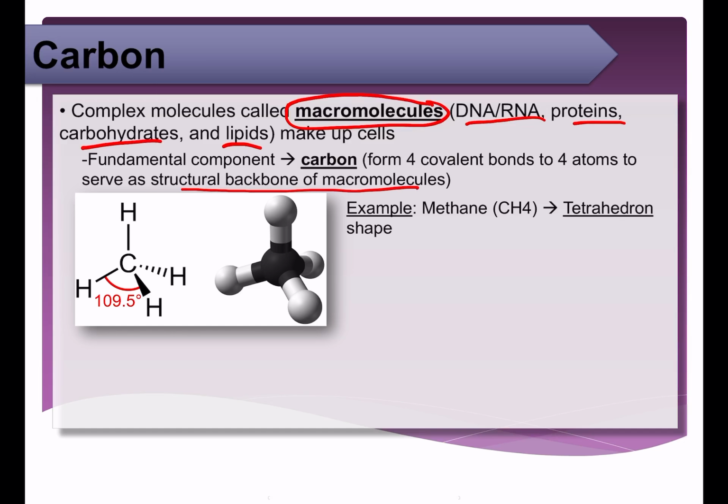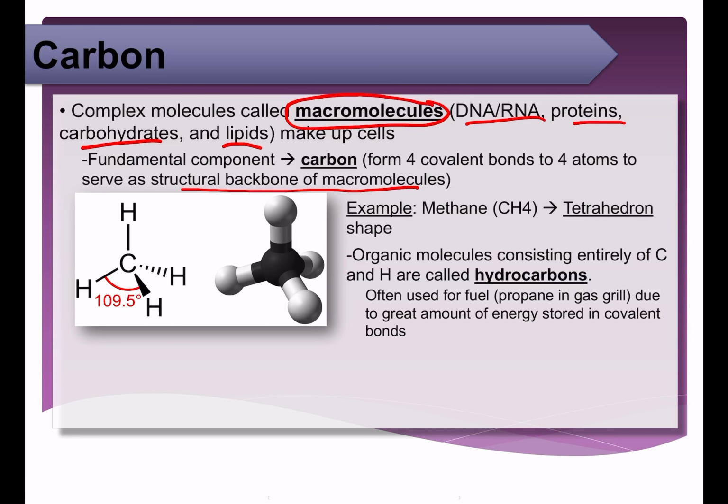The simplest molecule formed by carbon and hydrogen is methane, which is made up of 1 carbon and 4 hydrogens, and they form a 3-dimensional conformation called a tetrahedron. So this is carbon right here, and these are the 4 hydrogens, and this particular geometric shape is called a tetrahedron.